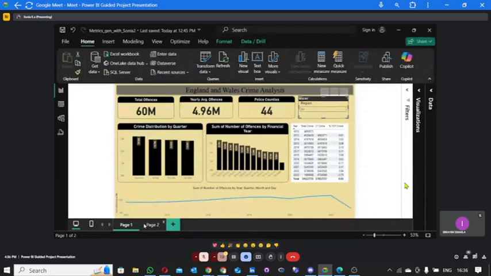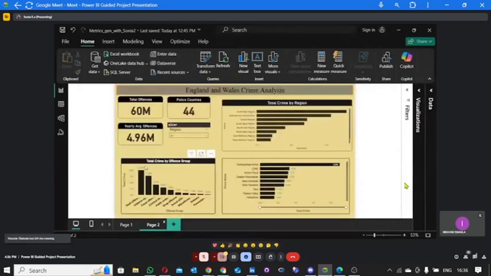So total crime by offense group. This is a visualization showing the total crime as opposed to offense group. We'll notice that the highest crime that has been committed over time, to the tune of 20.1 million, is theft offenses, and then the lowest is possession of weapons.